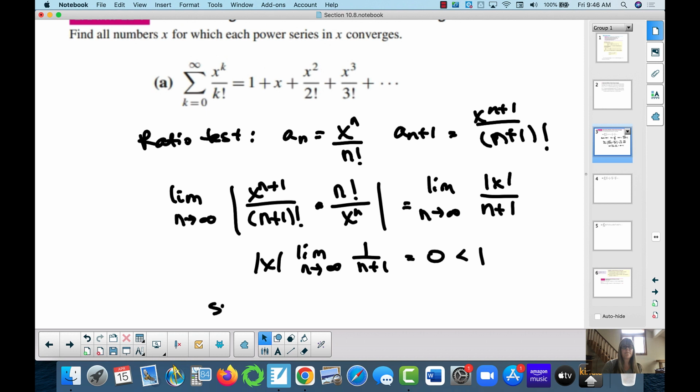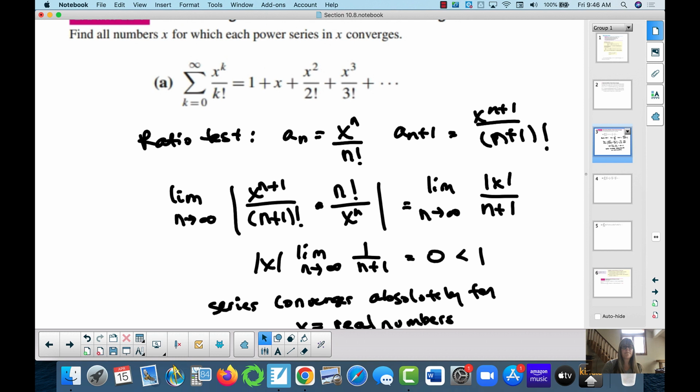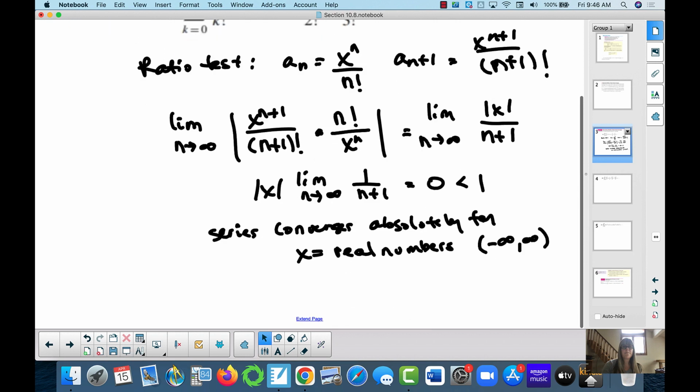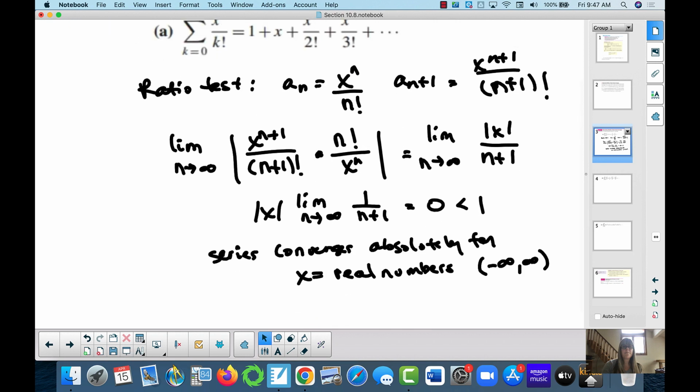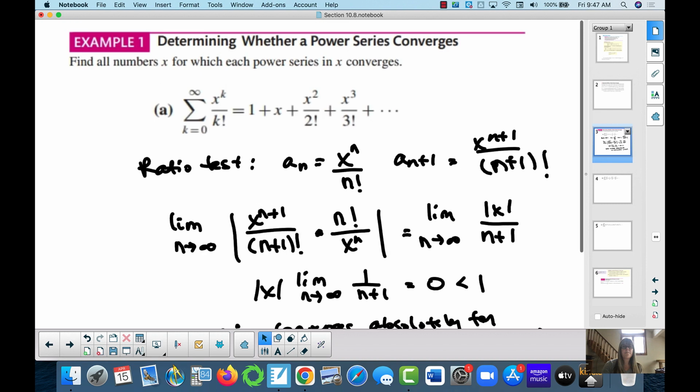So this series converges absolutely for x equal to all real numbers, or negative infinity to infinity. Basically, it means I can take this particular series, plug any real number in for x, and that series will converge no matter what x is.